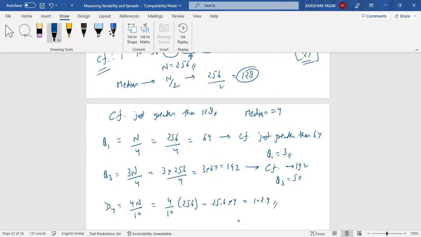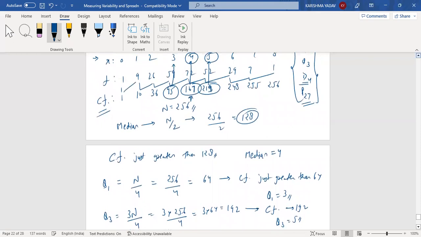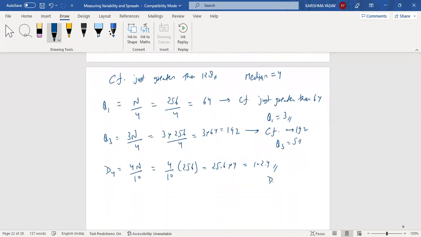So the CF just greater than 102.4 gives the value for the fourth decile. 167 is the value just greater than 102.4. So the value I got for D4 is 4. This is my fourth decile.